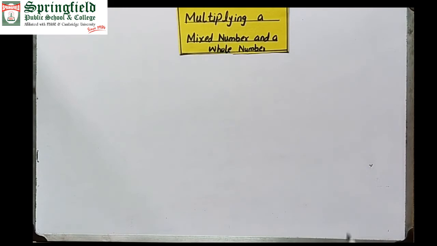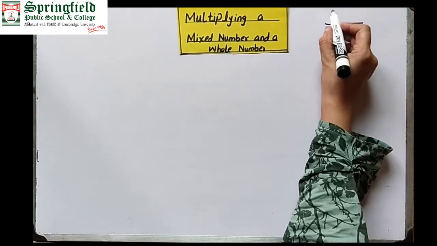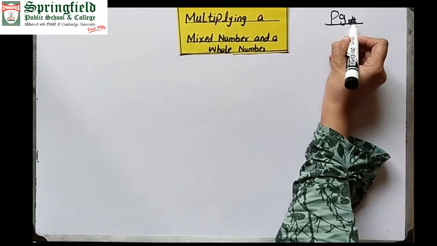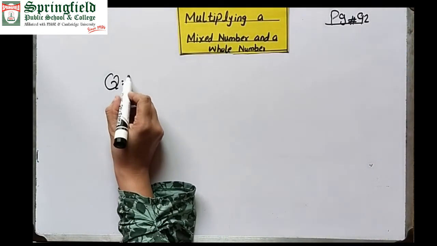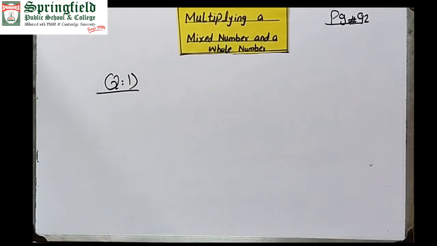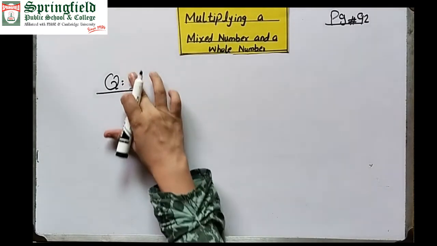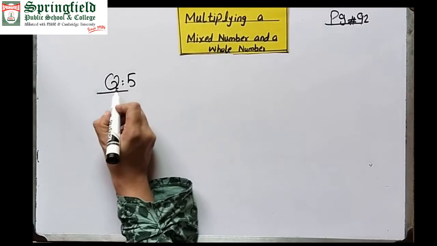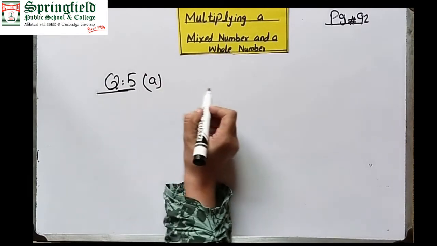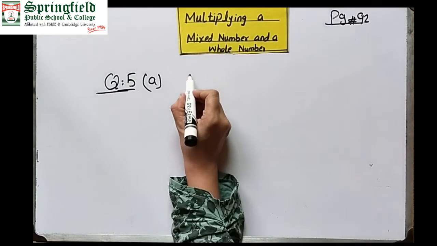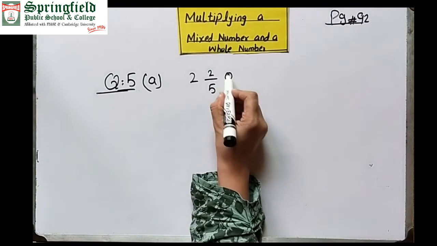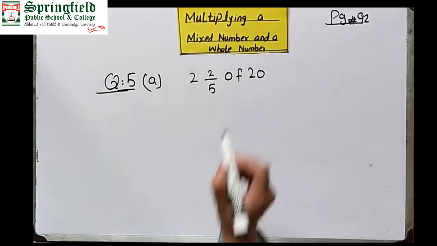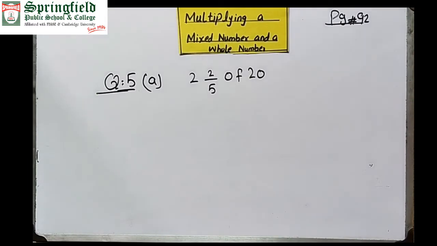Page 92. Question 5, sorry. This is your question 5, part A, and part A is 2 whole 2 by 5 of 20. They are saying find out the value of the following.